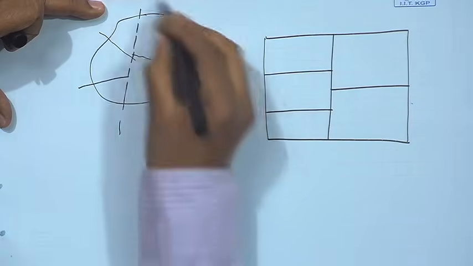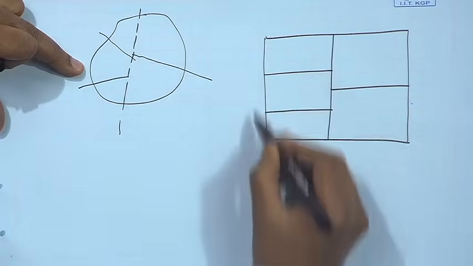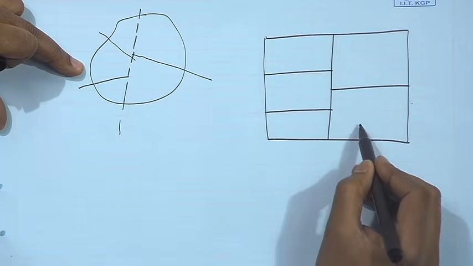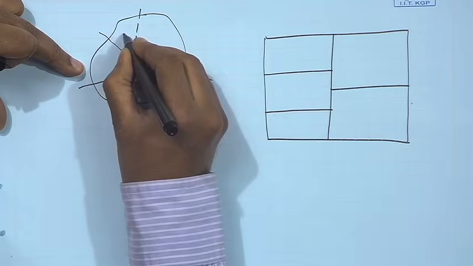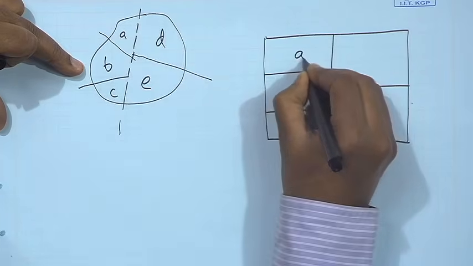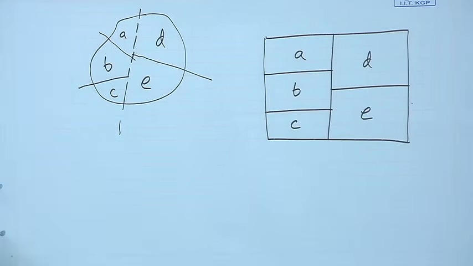Top down you are partitioning the netlist, and at the same time in a corresponding fashion you are also partitioning the floor plan. So, you will be getting, let us say these are A, B, C, D and E. So, you will be getting exactly where in the floor plan you will be placing them, right. So, this is the top down approach.